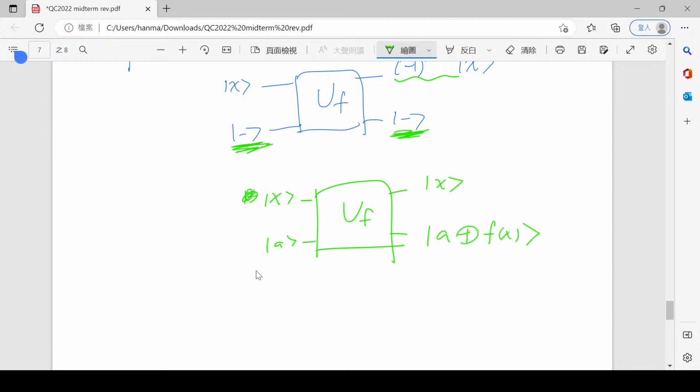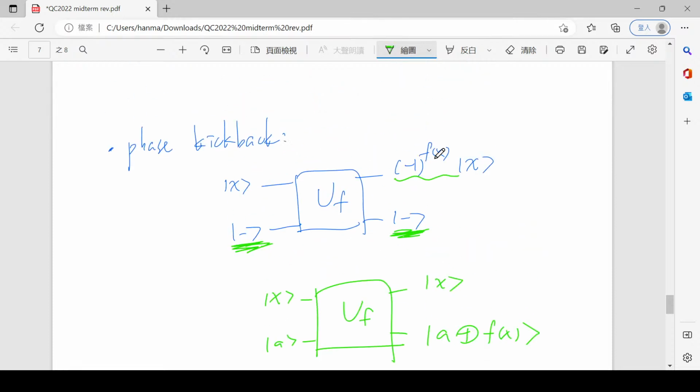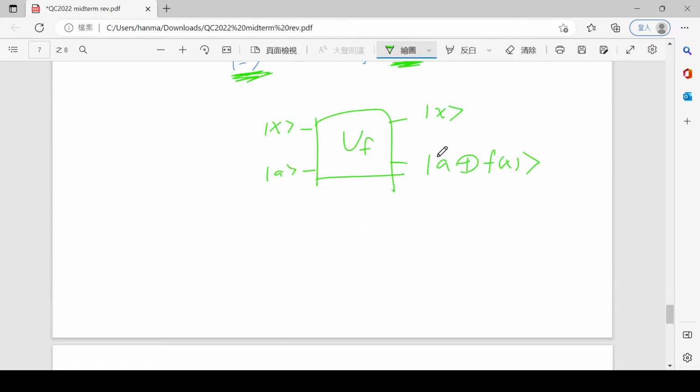Remember this is the definition of your oracle on computational basis states. This gives you some weird entanglement between your input and the output, but if you do phase kickback, then there is no entanglement. You just get a phase on your input.